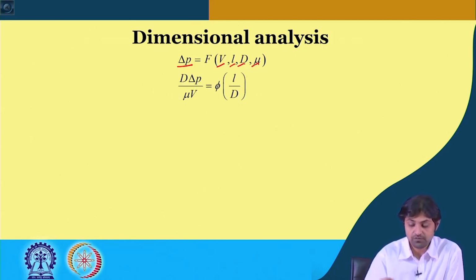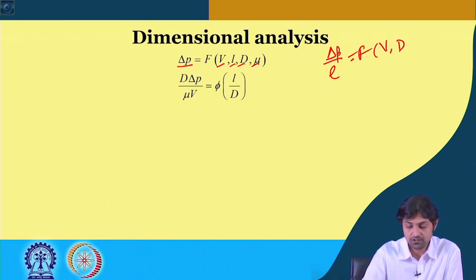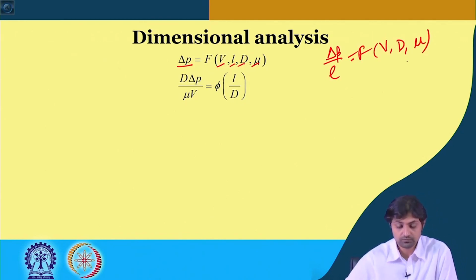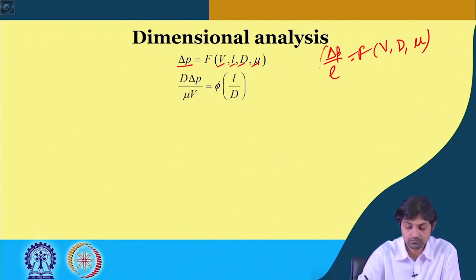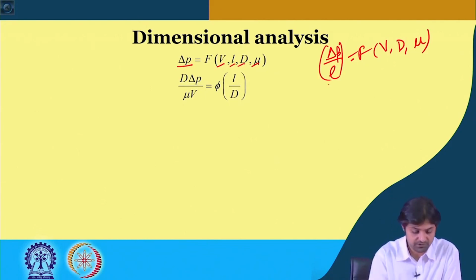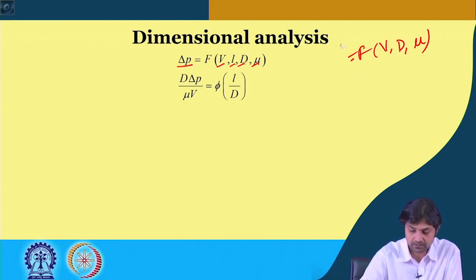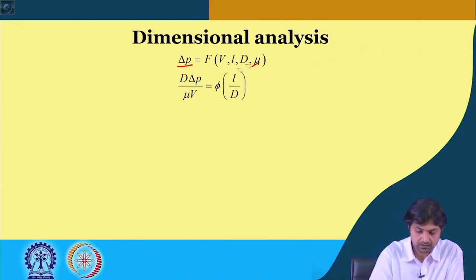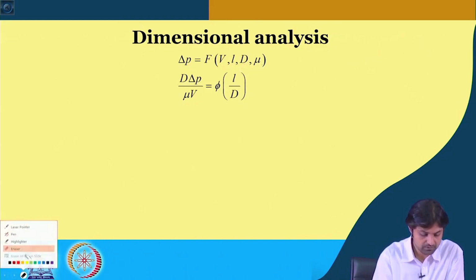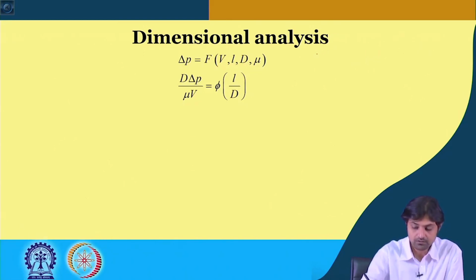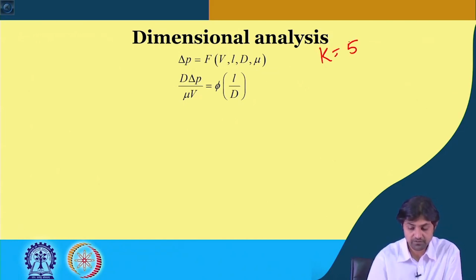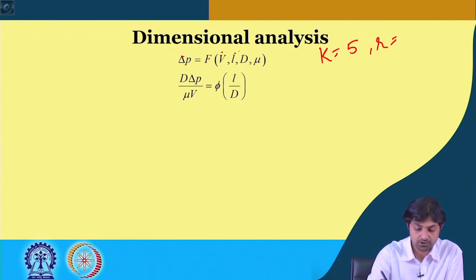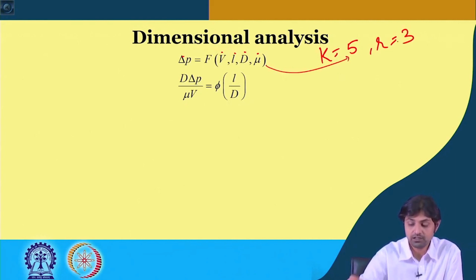So if we take delta P by L as a function of V, D, mu, K is how much? K is 5 and R is 3, right?